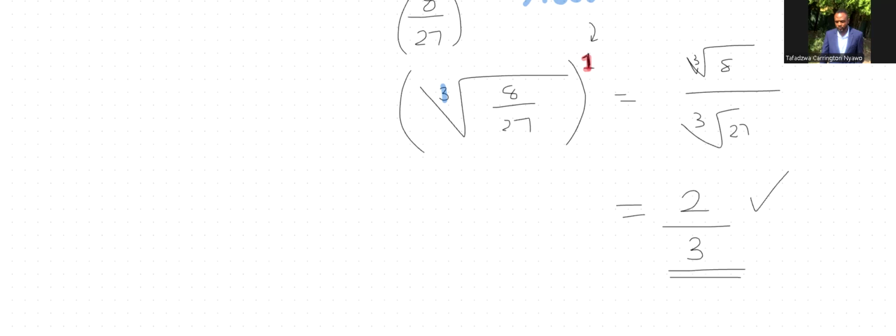Now I'm going to show you another way, and then you tell me which method you would prefer. We're still evaluating: 8 over 27 raised to the power of 1 over 3.